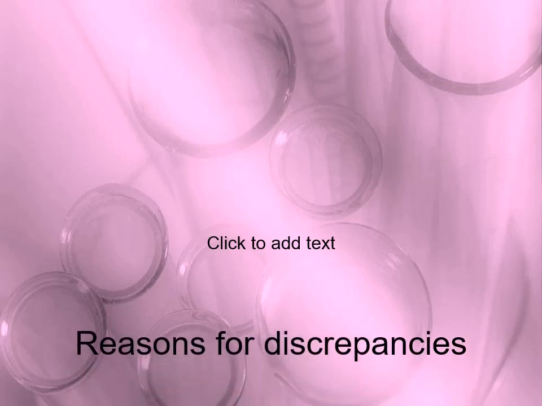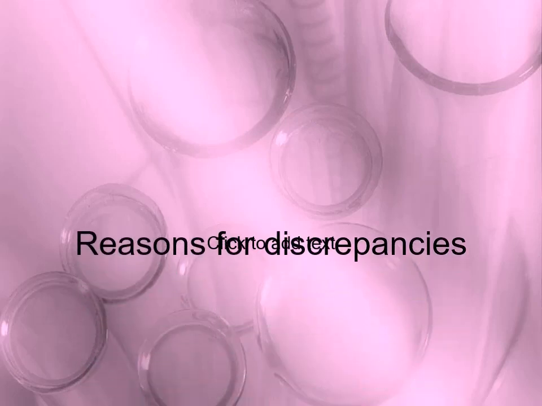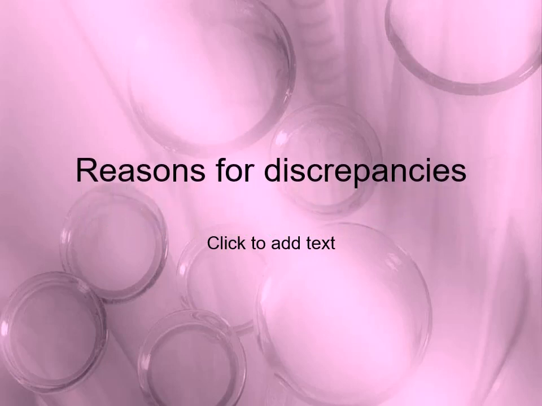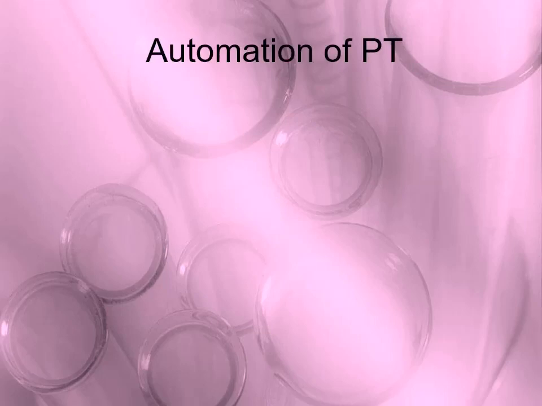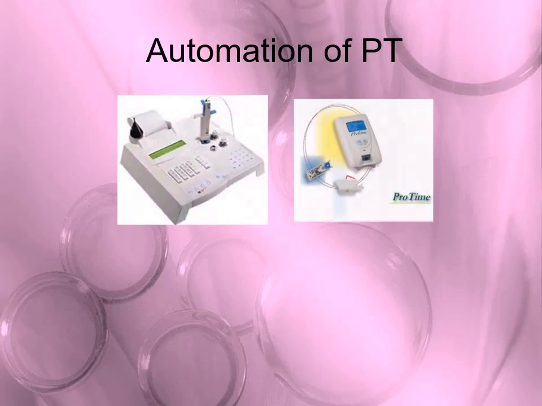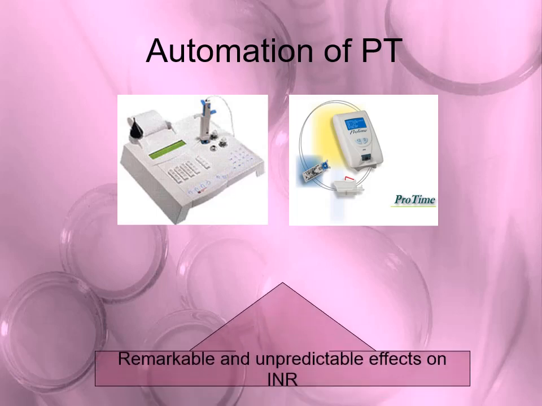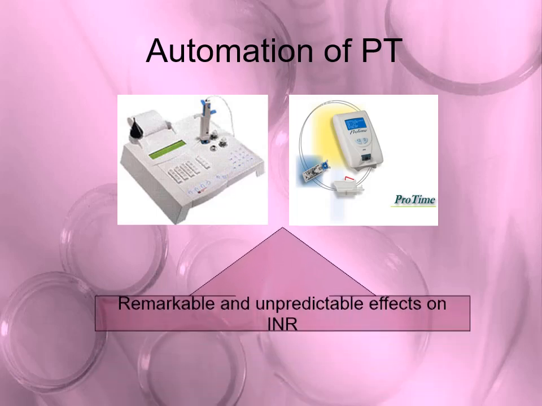Many reasons could be attributed to the INR discrepancies between different laboratories, and here we will discuss some of them. In recent years, there is a trend in using automated or semi-automated instruments, or coagulometers. These new instruments have shown remarkable and unpredictable effects on INR.